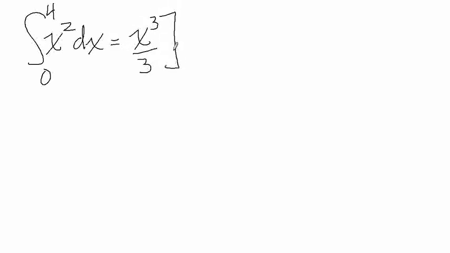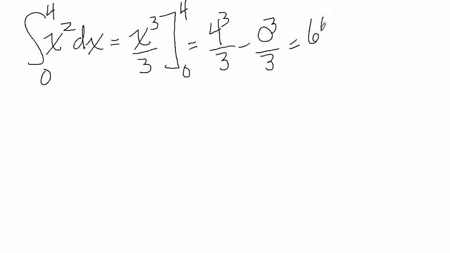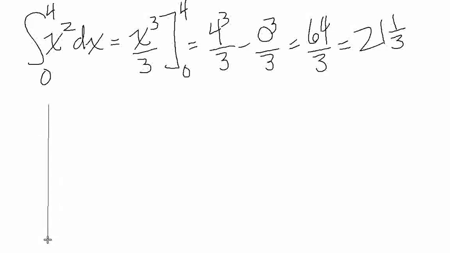In fact, I'll go ahead and use the fundamental theorem of calculus to find out what the exact value is. 21 1/3. Okay, now let's pretend that we either didn't know about the fundamental theorem of calculus, or for whatever reason we had to approximate it with the right side rectangle approximation.